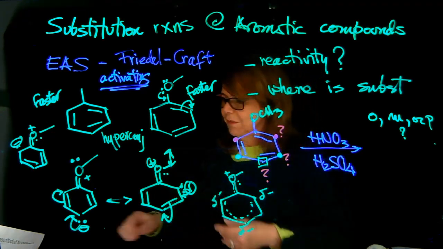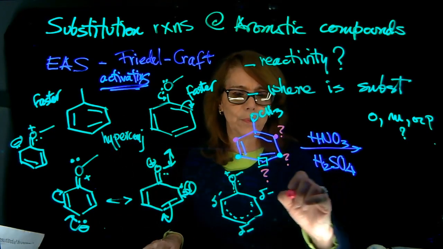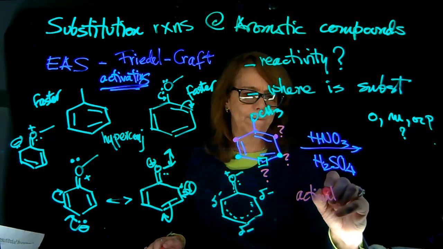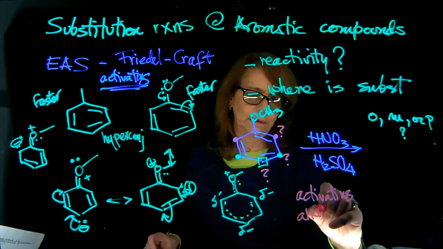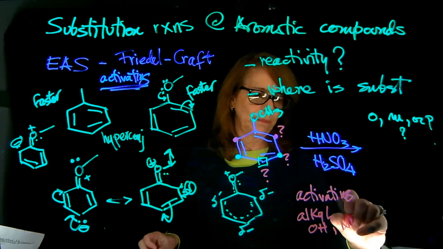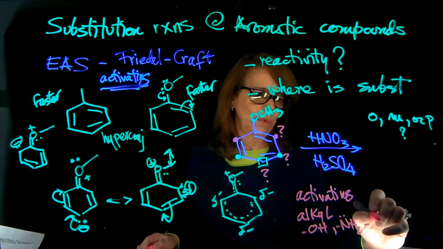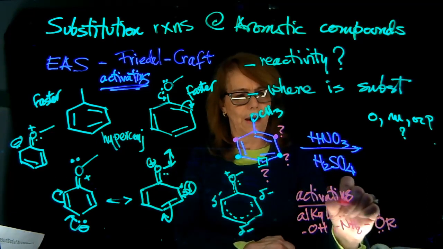So when you have that possibility of donating electron density to the ring, you're making the nucleophile, the ring, stronger. As a conclusion, these are activating groups. We're going to see that alkyl groups like ethyl and methyl, the OH, the amino group, and ethers, groups like that are activating.